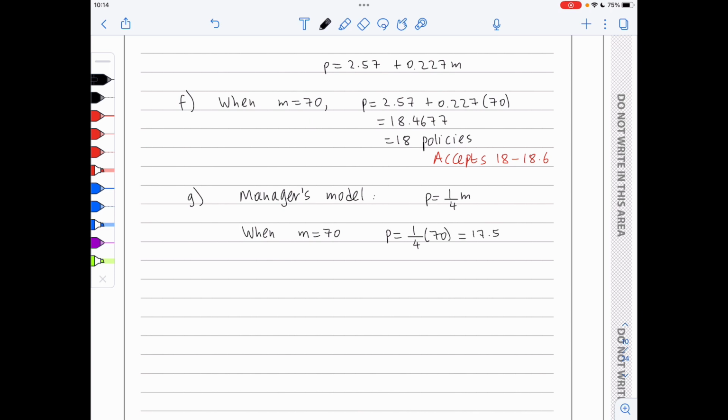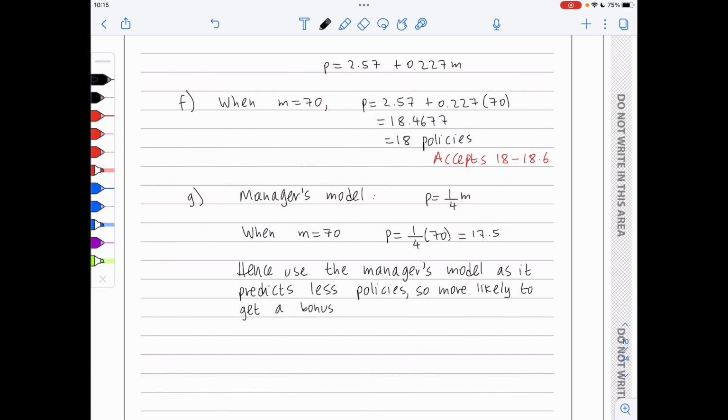So in other words, the manager model predicts 17.5 policies, and the linear regression model predicts 18 policies. So it makes sense to choose the model that predicts the smaller number of policies, because it's much easier for us to exceed this, and therefore we get a bonus. So we would recommend going with the manager's model.